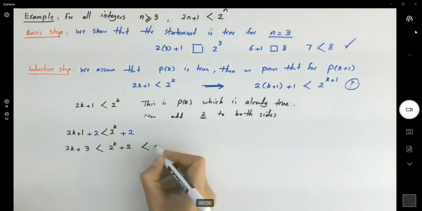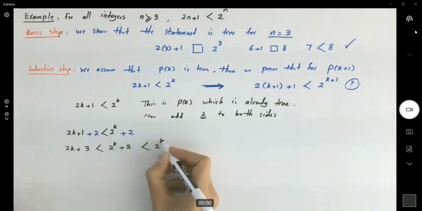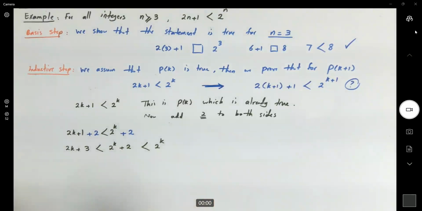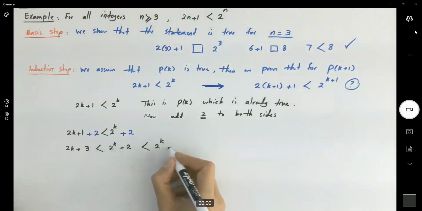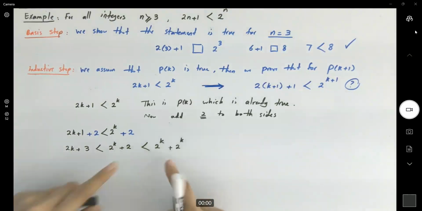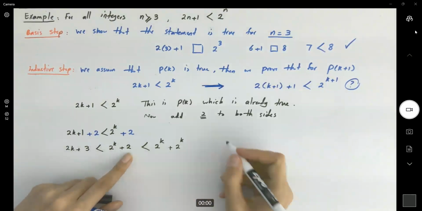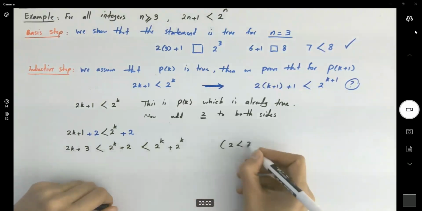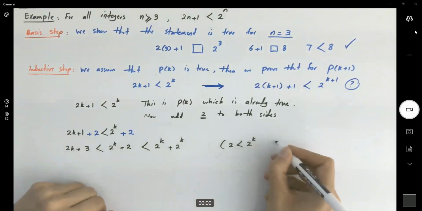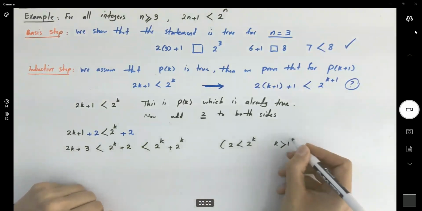This is always less than 2 to the power k times 2. Why is that? So far you have 2 to the power k plus 2. This is always less than 2 to the power k. This is also less than 2 to the power k. 2 is always less than 2 to the power k, if k is larger than 1.